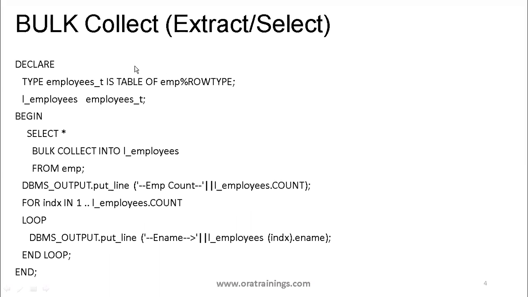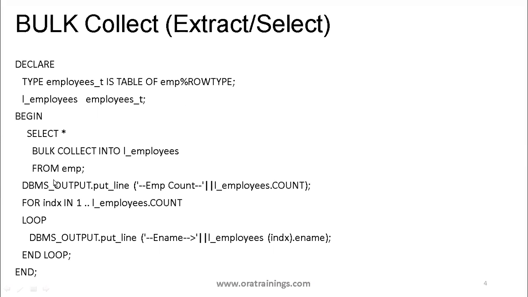In the declare section, I declared a type array, a nested table concept. employees_t is a type, a table of emp%rowtype, and the variable l_employees is of type employees_t. This l_employees will hold n number of employee records. Then we simply mention select star bulk collect into l_employees.